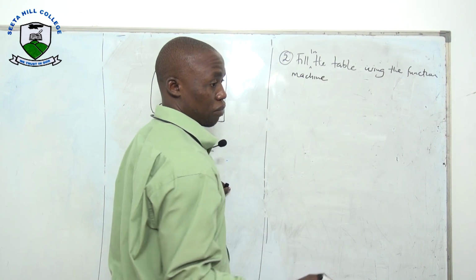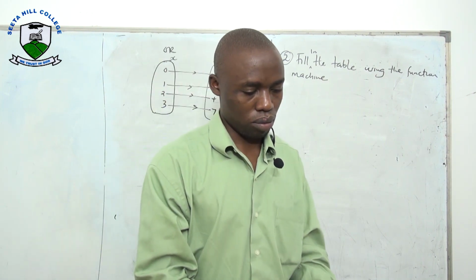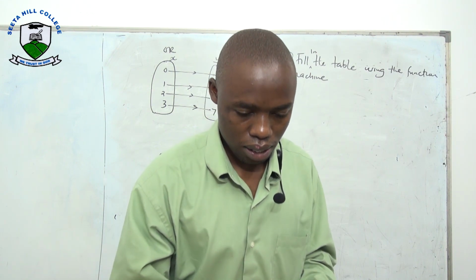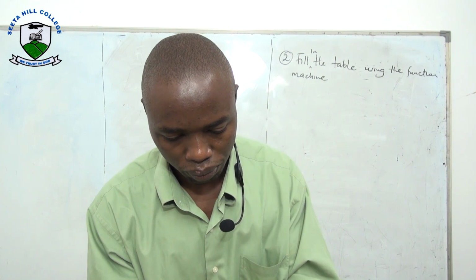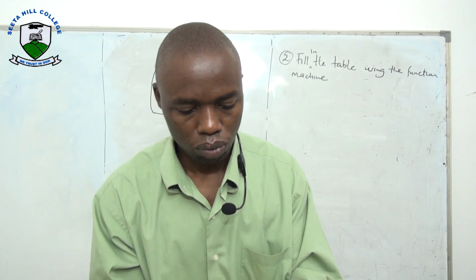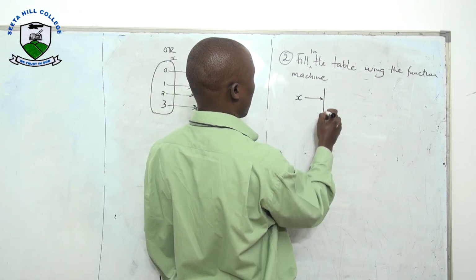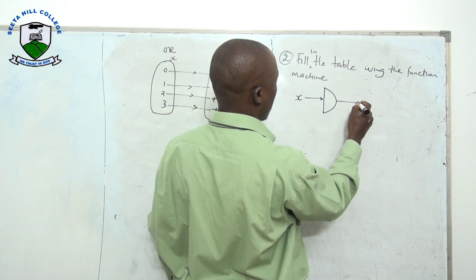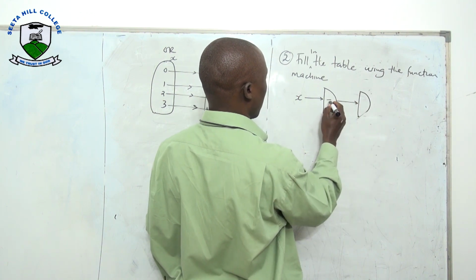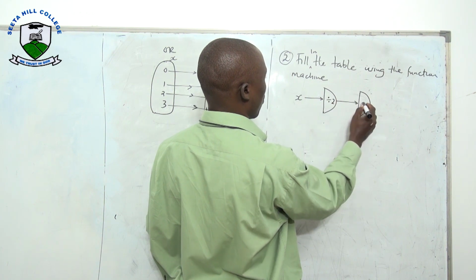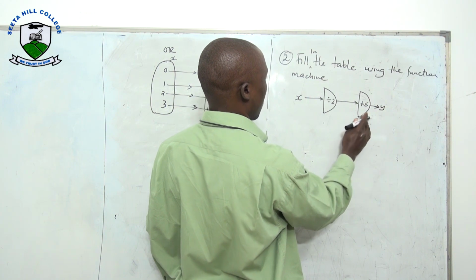Let me quote that function machine, and I ask somebody to really think through: that's x, that's divided by 2 plus 5 gives us y.